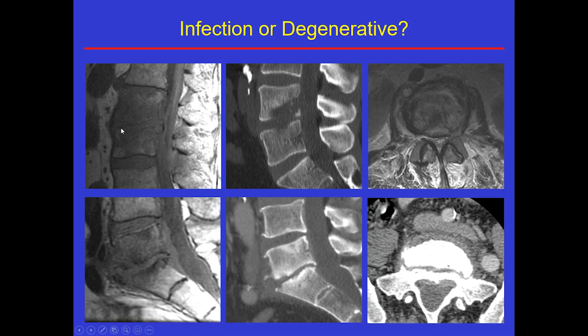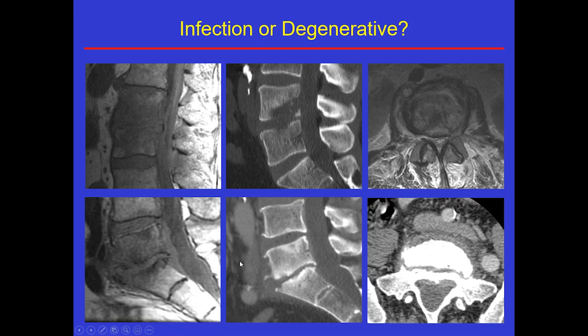So notice here in this case the end plate is very ill-defined at this level, as opposed to here where I can still take a pencil and draw where the end plate exists. On CT, same thing, the end plate is destroyed here or ill-defined, as here the end plate is intact and still able to be traced out. So this would argue for infection, this would argue for degenerative disease.